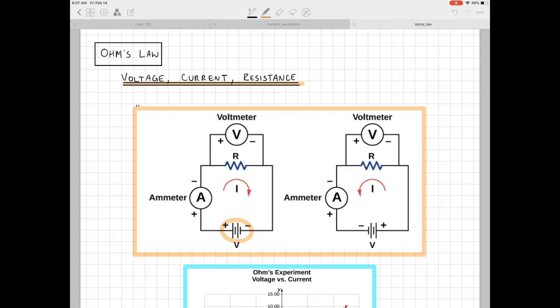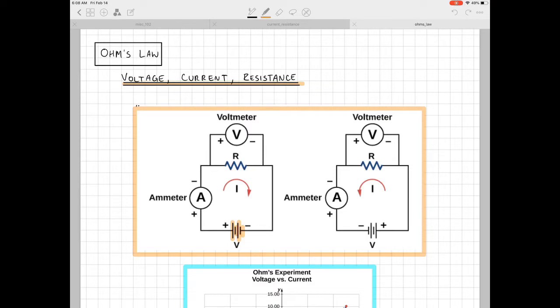So the battery in a circuit is always going to be represented with these parallel lines where they sort of oscillate or alternate between large and small lines. The resistor here is represented by this little sawtooth line.